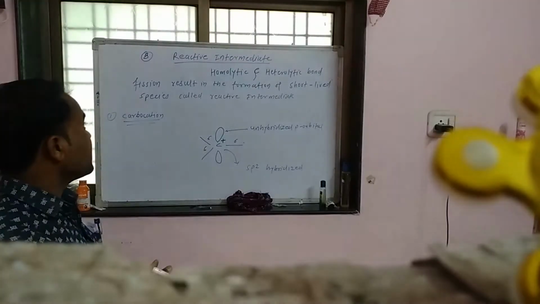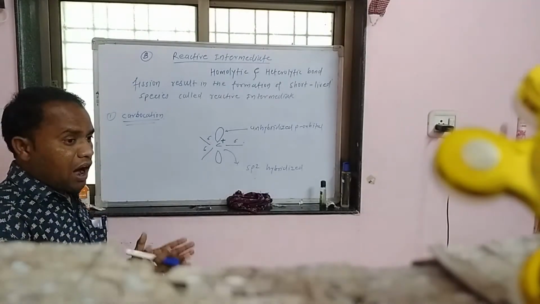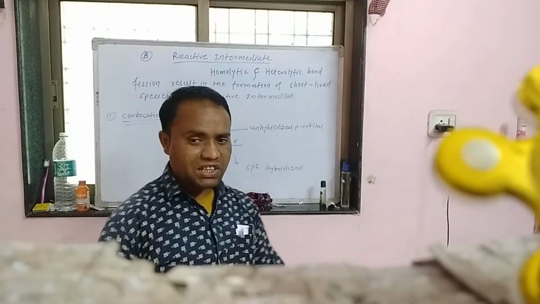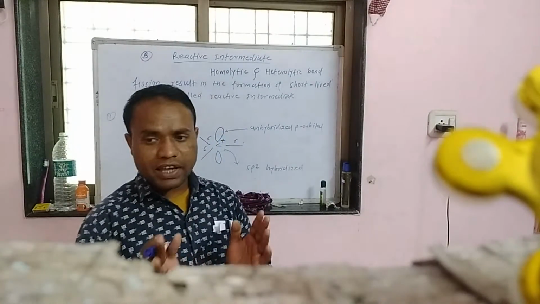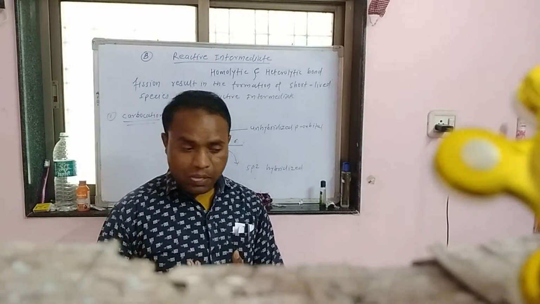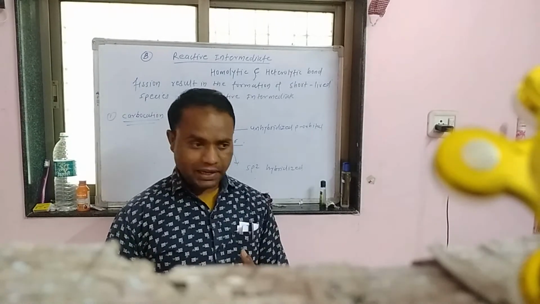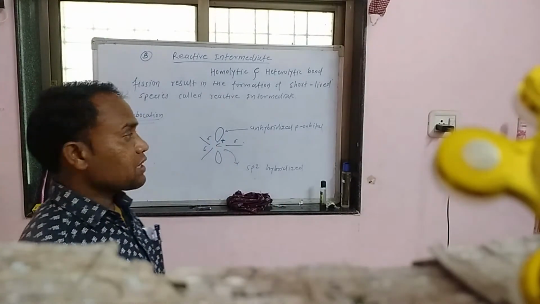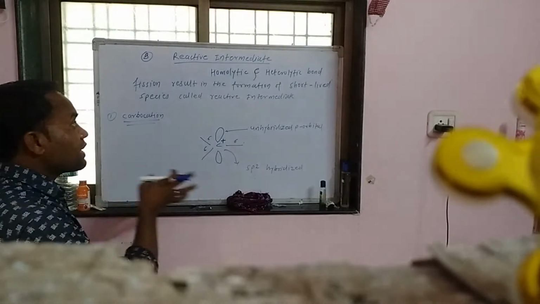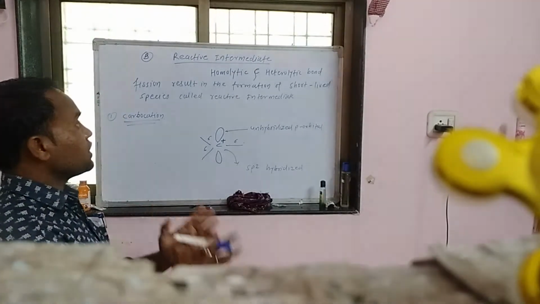Among the reactive intermediates are carbocations, carbanions, and free radicals. The first is a carbocation, the second is a carbanion, the third is a free radical. These reactive intermediates involve homolytic or heterolytic bond fission.